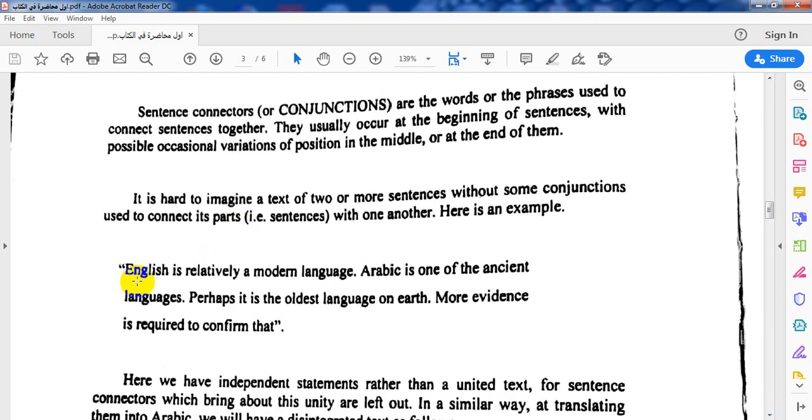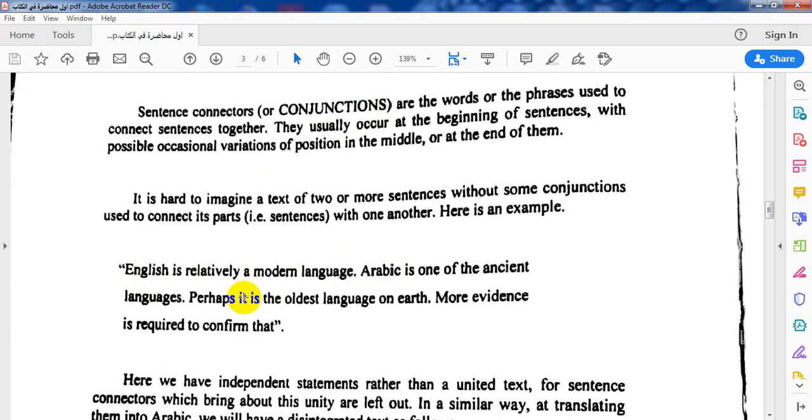In English, to simplify the idea of the job of connectors or conjunctions, here we have very simple sentences.